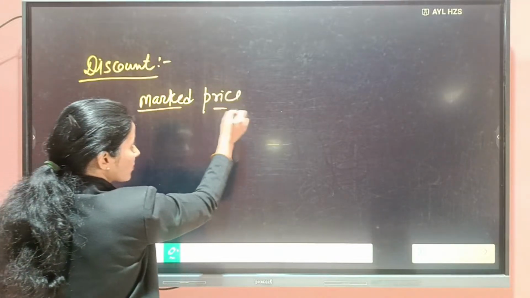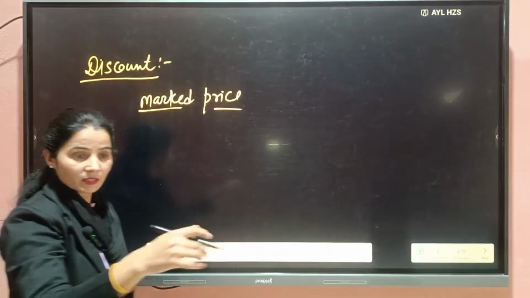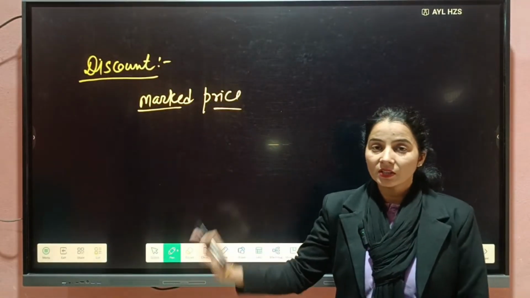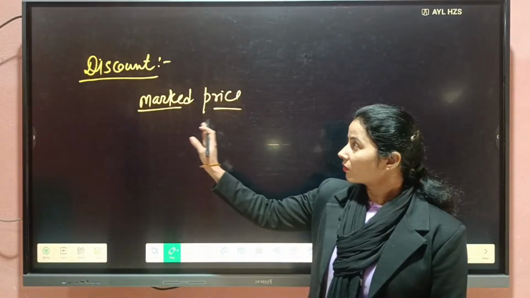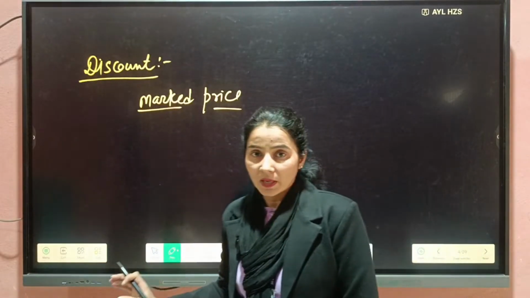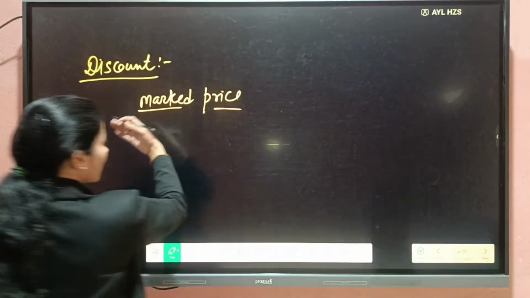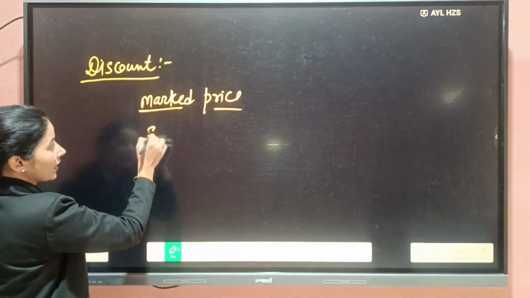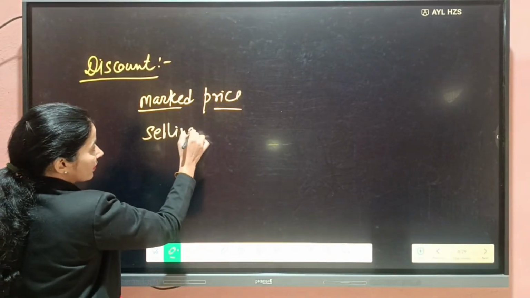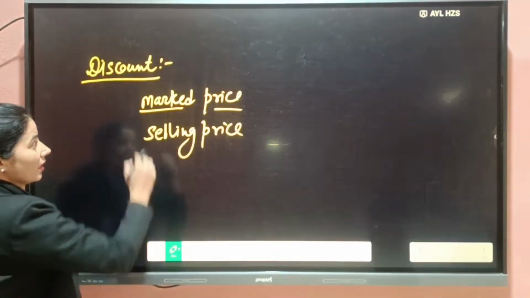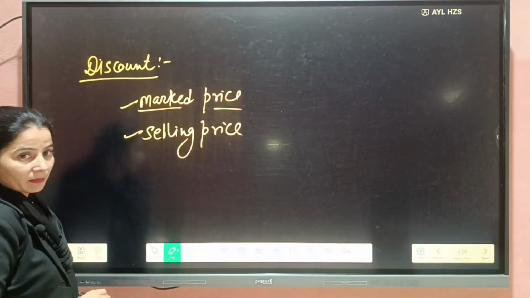What is marked price? The price listed on any item is its marked price. After giving discount, the price at which you are selling it will be its selling price.